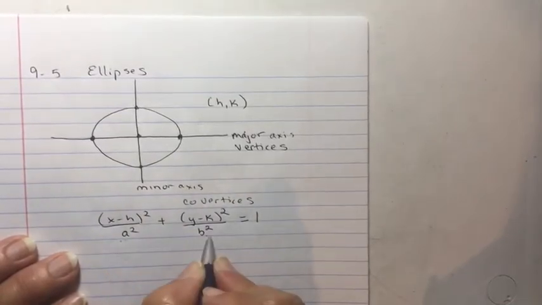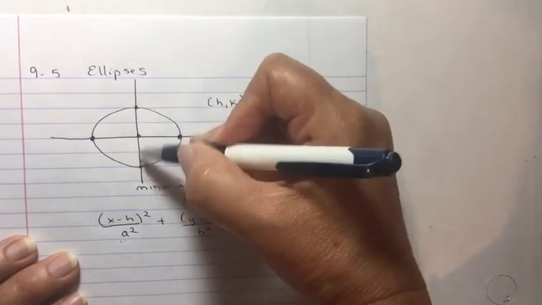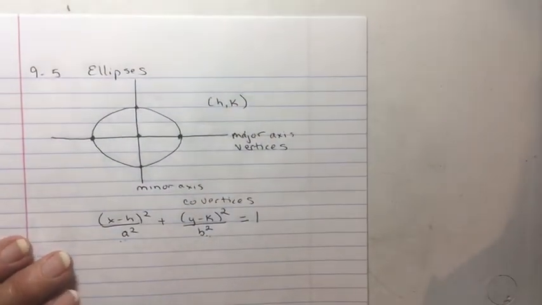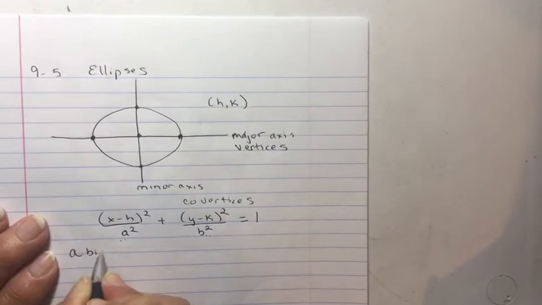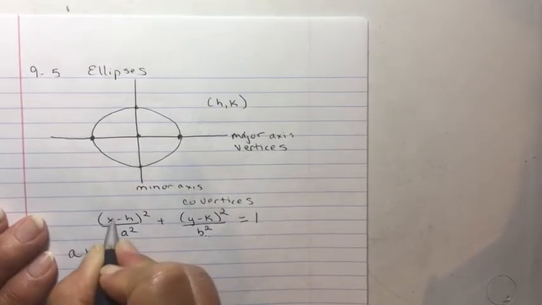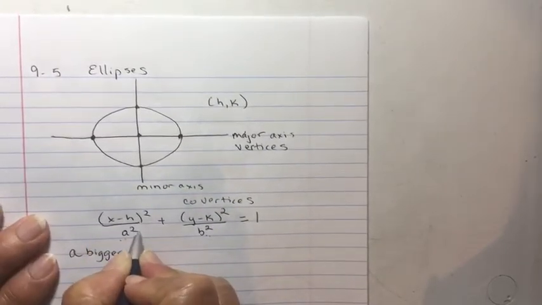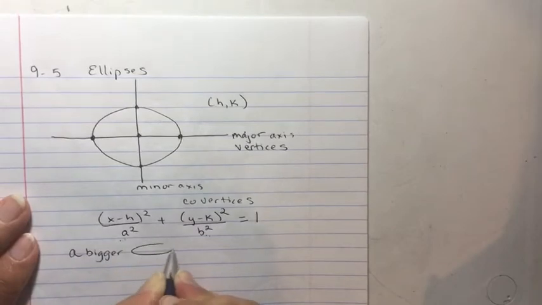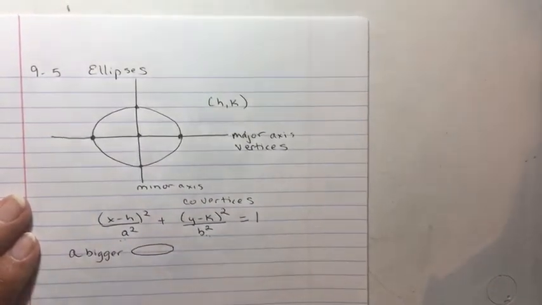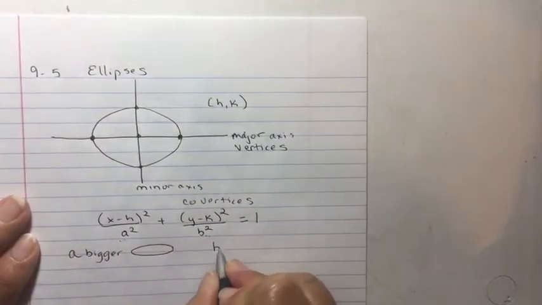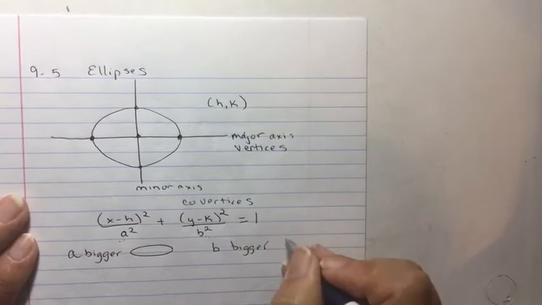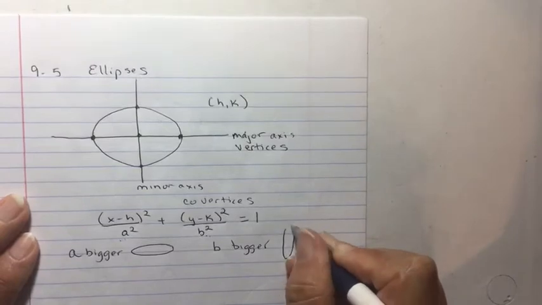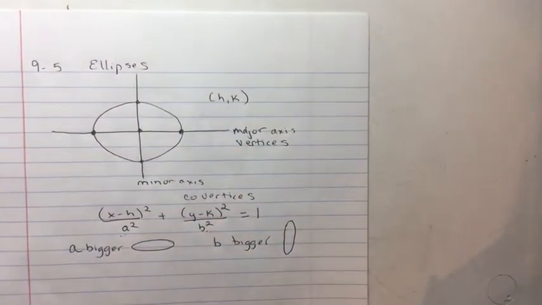These are the lengths from the center to the vertex or the co-vertex. If your a is bigger, then the x goes with it, making it an oval that goes long ways. If your b is bigger, that goes with the y, making it an up and down oval.